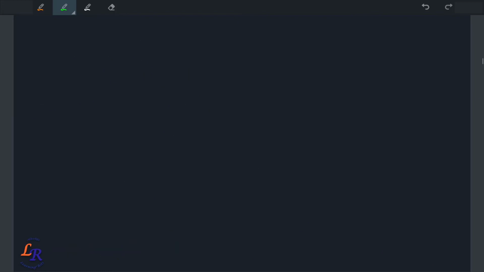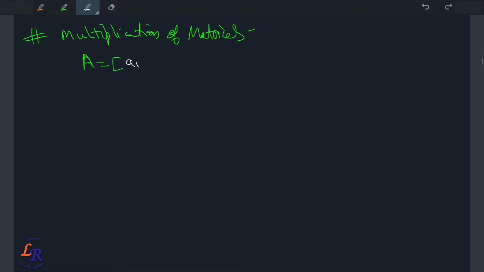Now coming back to the other topic, we are talking about multiplication of matrices. We had discussed that if there is a matrix A which is Aij, M cross N, and another matrix Bij, N cross P. Remember, whenever we are talking about matrix multiplication, the number of columns in the first matrix and the number of rows in the second matrix should be equal, right?